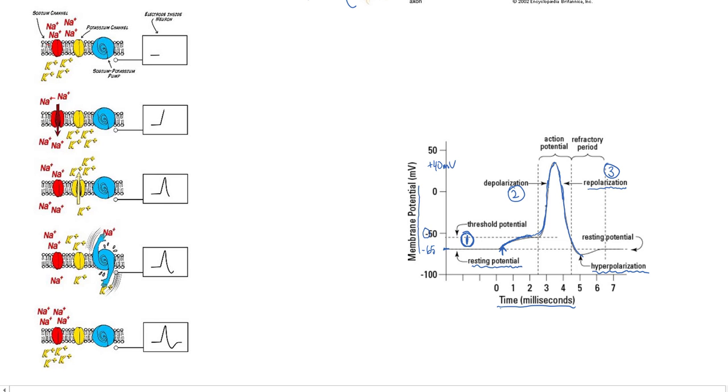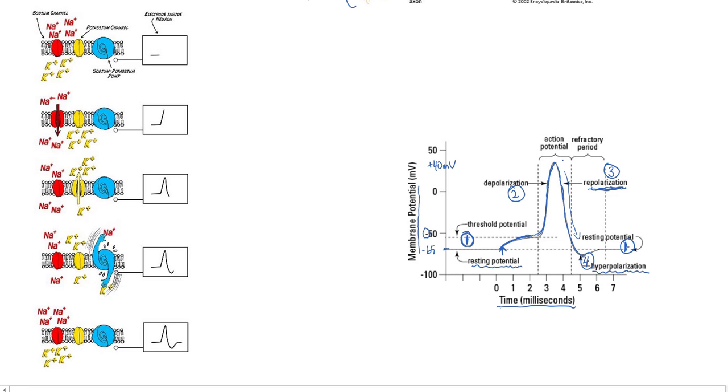So depolarizing sends it from negative to positive. Repolarizing sends it from positive back down to negative. And this hyperpolarization, if we think of hypertonic, right? It's like excess polarization. So it overshoots its mark. And this is what we call the refractory period. And then we get back to step one, the resting potential.